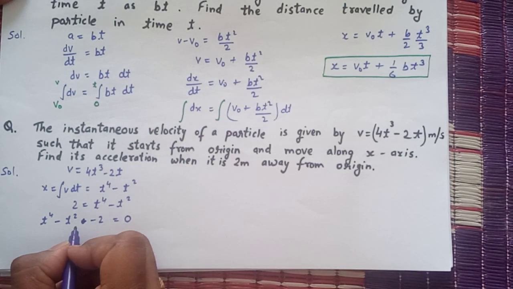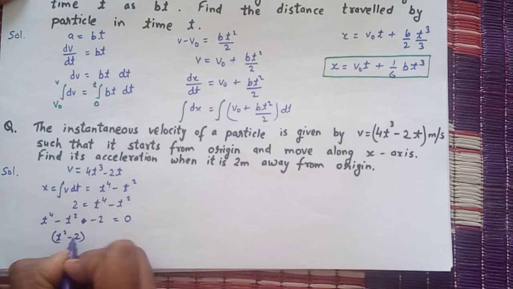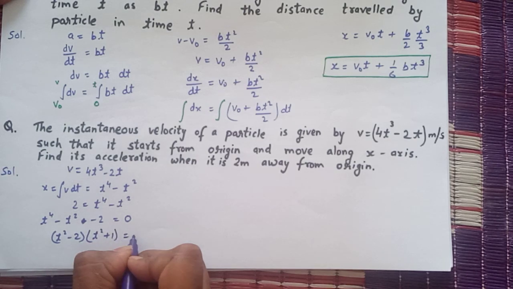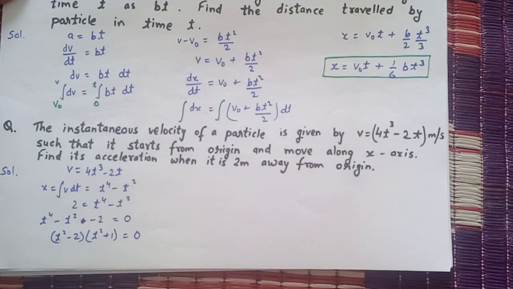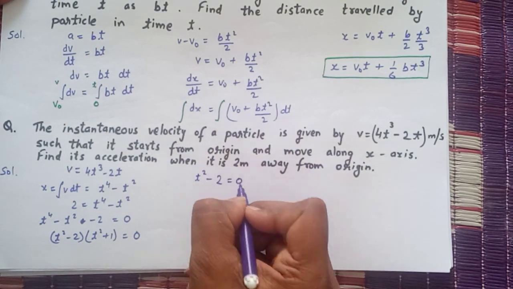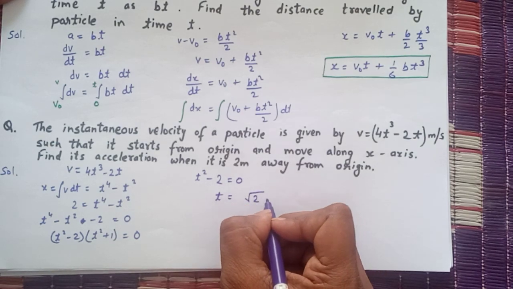By factorizing it, I will get t square minus 2 times t square plus 1 is equals to 0. Now time cannot be negative, so t square cannot be equal to minus 1. So I am taking t square minus 2 is equals to 0. So t will be equal to, taking the positive part only, root 2.